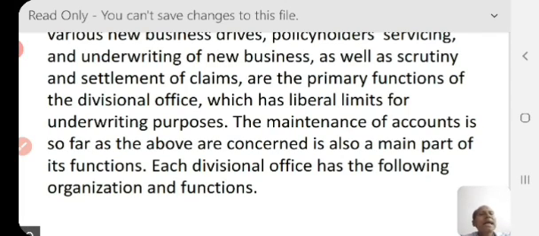As we have seen earlier, the maintenance of the accounts related to the above mentioned aspects is one of the main functions of divisional offices.